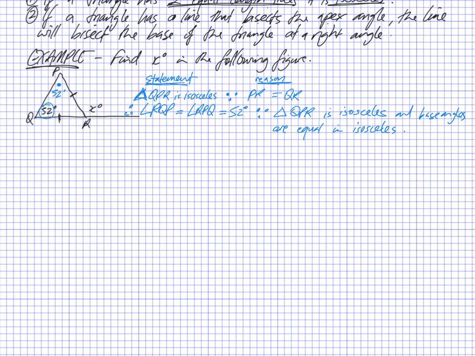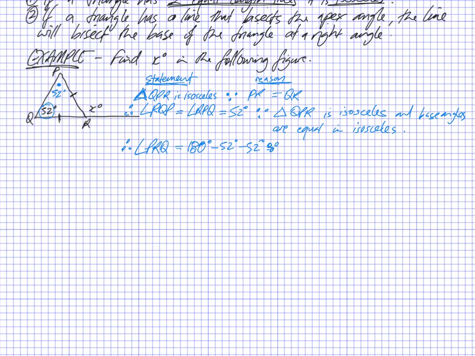Okay, so now that I know that QPR is 52 degrees, I can work out more. Therefore, the next thing I can work out is that angle PRQ is going to be equal to 180 degrees minus 52 degrees minus 52 degrees. Why is that?